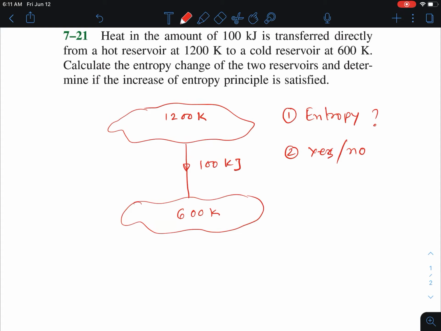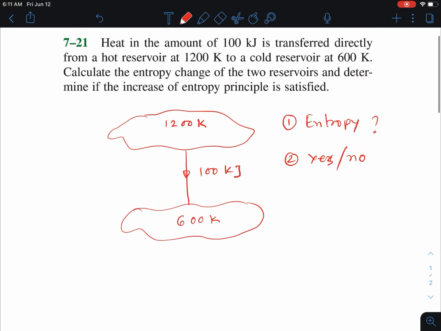So we discussed the sign convention of the thermal reservoir. In any thermal reservoir, if the heat is output, then it will be negative. So this is negative, and heat is coming here, or heat is input, 100 kilojoule heat is input for this reservoir.